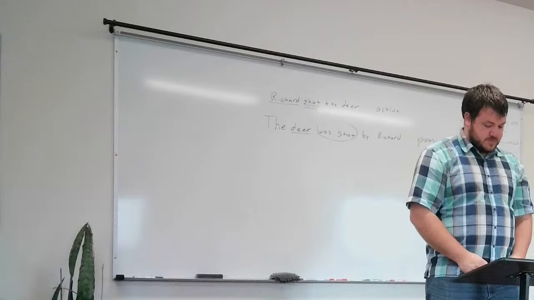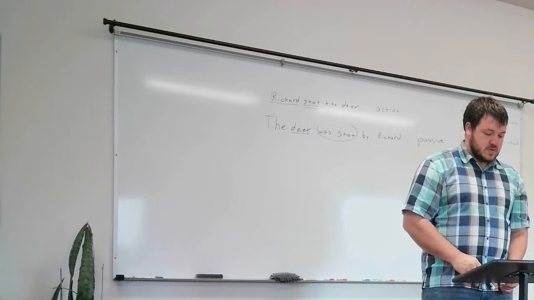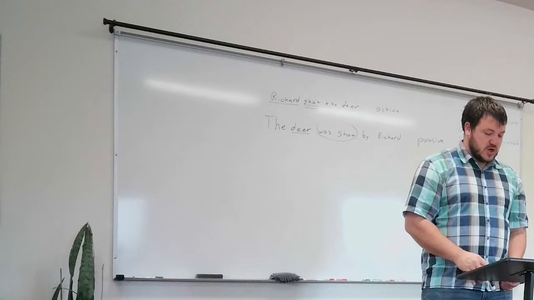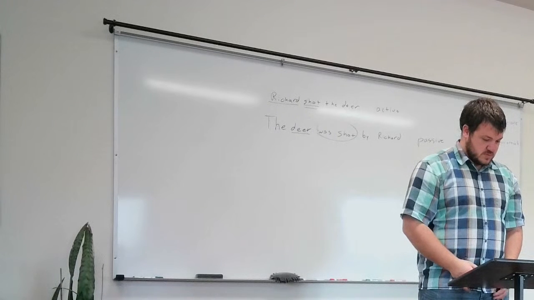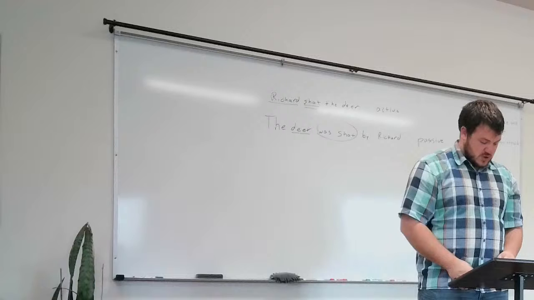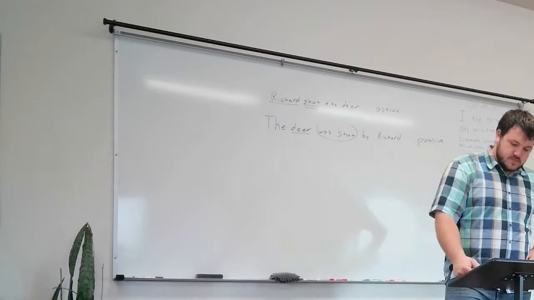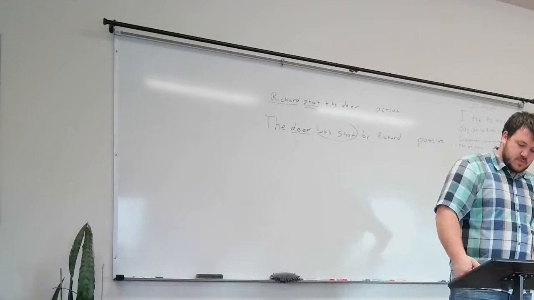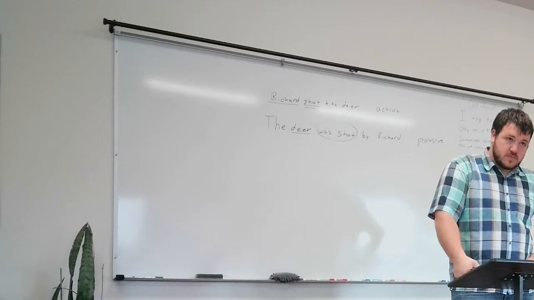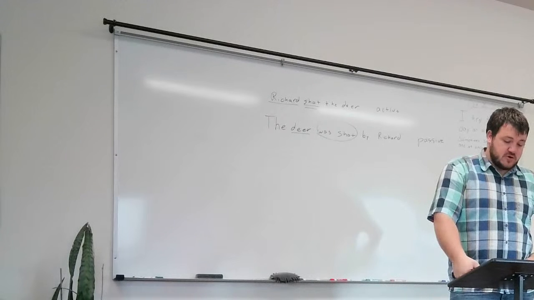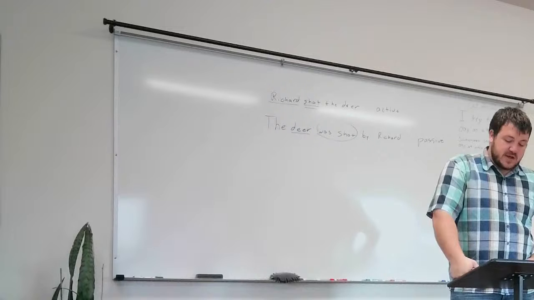Number 9 on page 21: Falling Water, a house built over a waterfall, was designed by Frank Lloyd Wright. So now Falling Water is your subject. A house built over a waterfall is an appositive, but then you have your action happening with Falling Water.